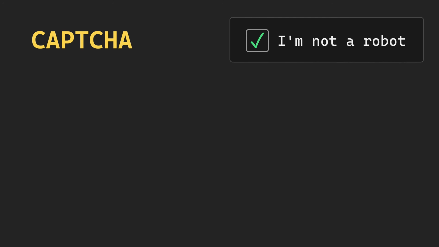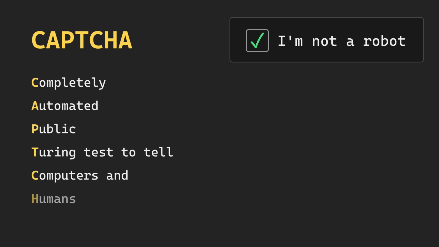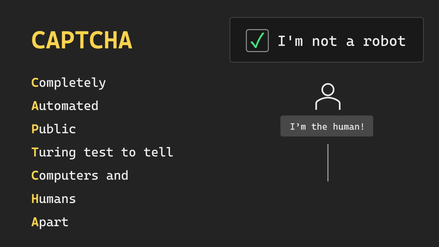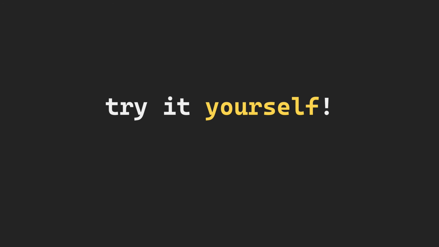CAPTCHA, those "I'm not a robot" boxes, stands for Completely Automated Public Turing Test to tell Computers and Humans Apart. Every time you tick one, you are the witness, and the machine is the judge, deciding whether you are the human or not. And if you want to sit in the judge's chair, the researchers put the whole thing online so you can play this exact game.